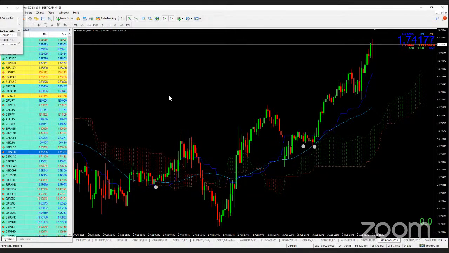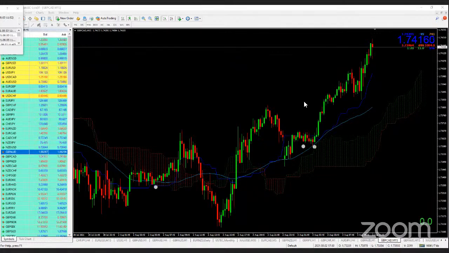Now, I don't know if you can see my screen. I'm not quite sure what's happening here. For some reason, it seems like my screen has stopped sharing. Just 1 minute, guys. Let me sort this out.